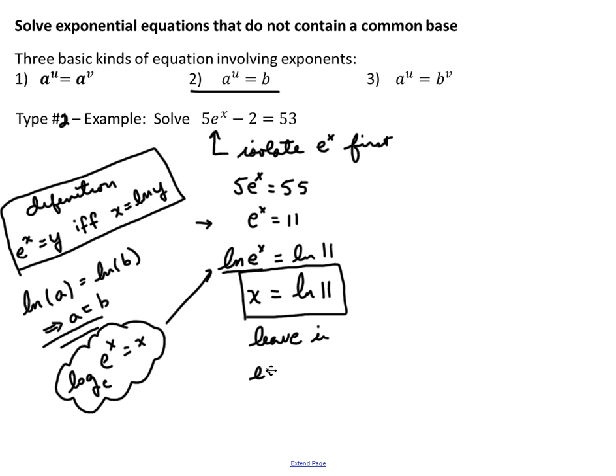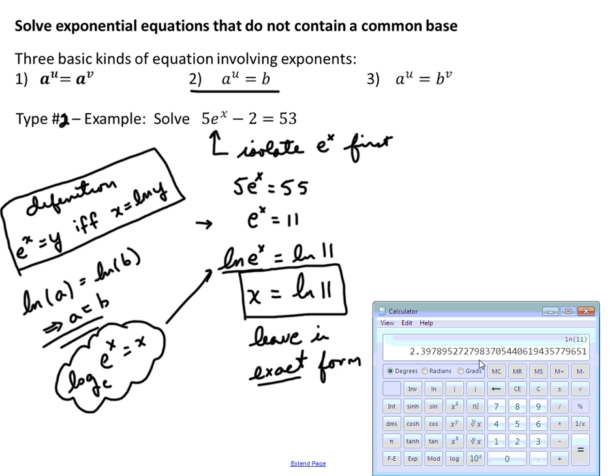Why do we call it exact form? Well, it's exact form because if we put the number into our calculator, the best that we can do is get this big long string of numbers, which is nothing more than an approximation of its actual value. The natural log, since the base e is an irrational number, gives us an irrational value for x.